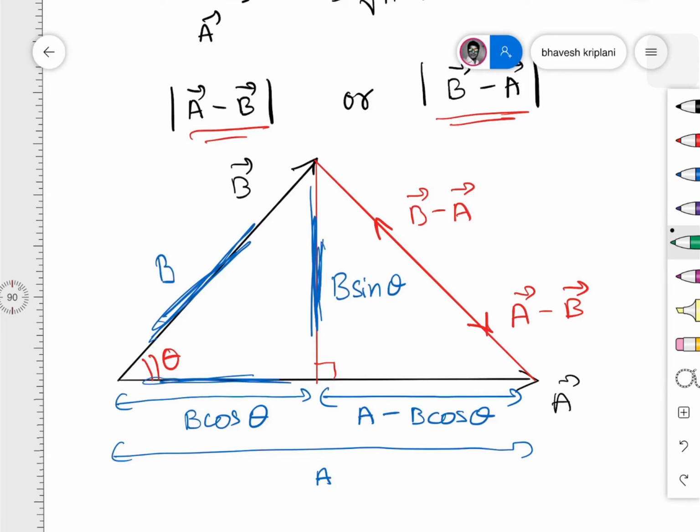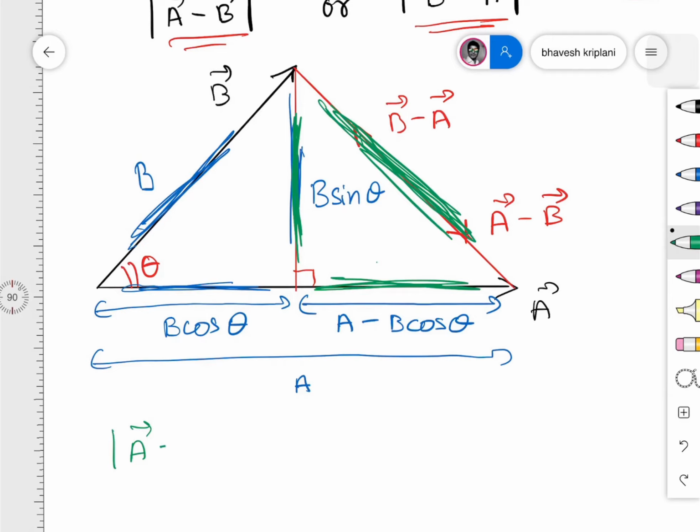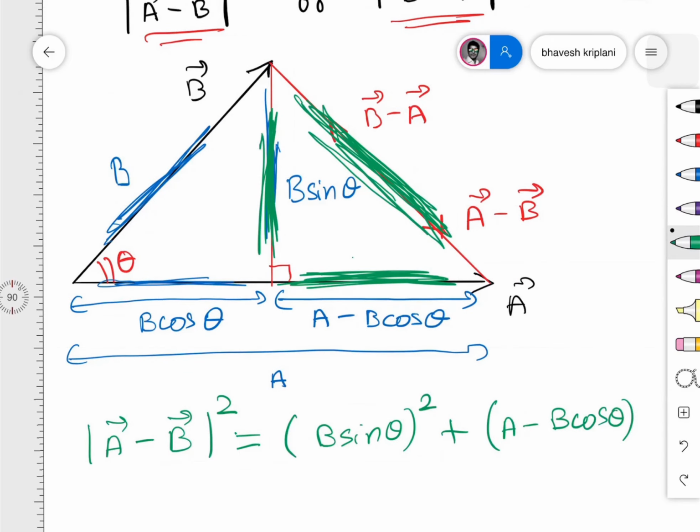Now we observe this triangle. Again, this is a right angle triangle, and the hypotenuse has length modulus of a vector minus b vector. Let's square this side. So the square of the hypotenuse is equal to square of the opposite side, that is b sin theta whole square, plus square of the base of the triangle, that is a minus b cos theta whole square.